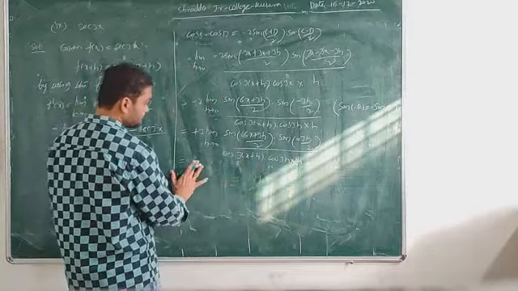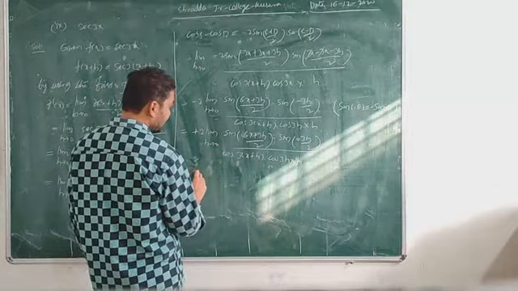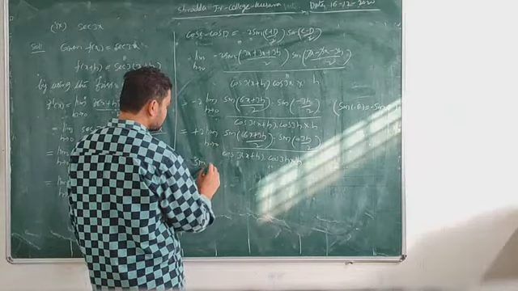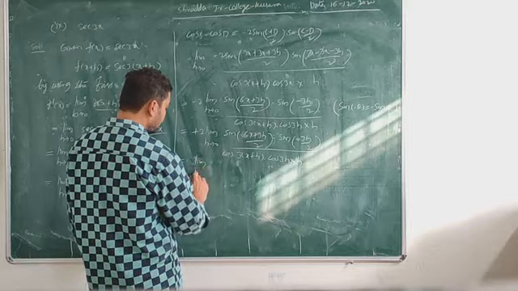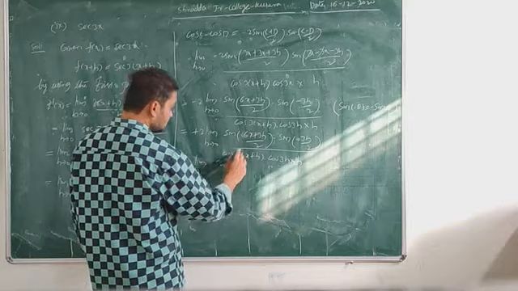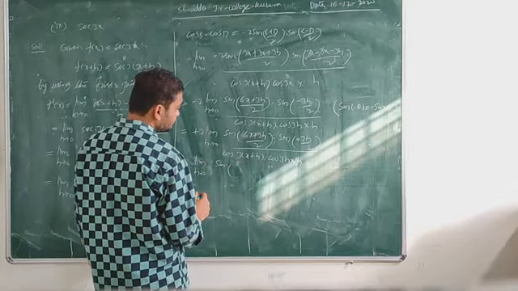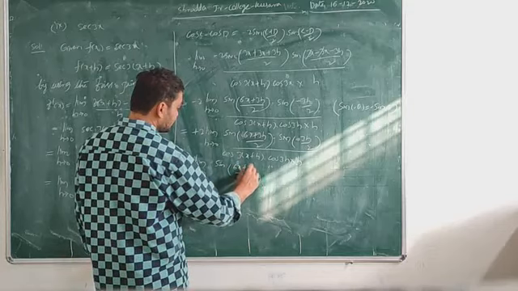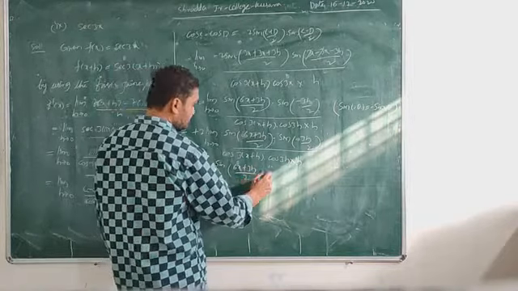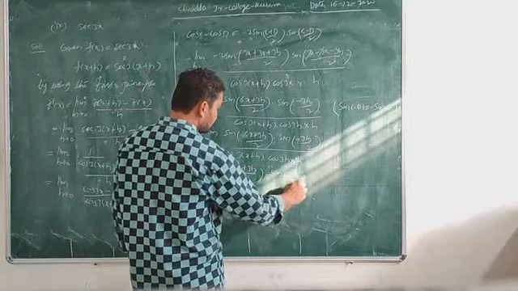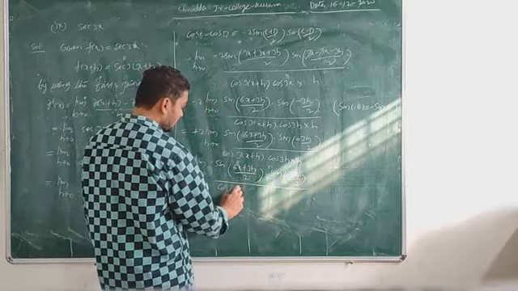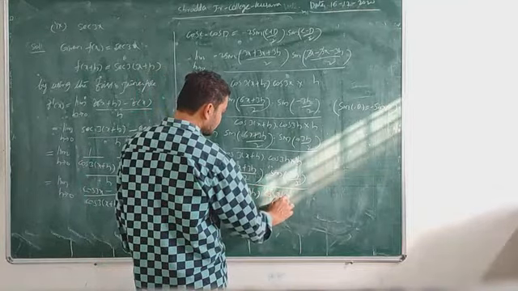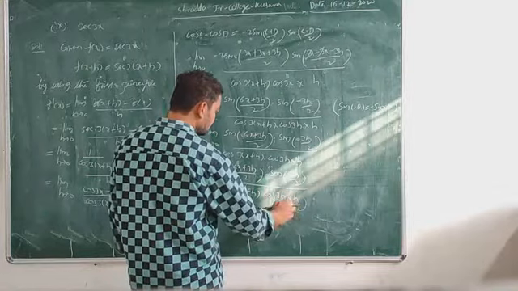Now here, we can write limit h tends to 0 sin of (6x plus 3h) by 2 into sin 3h by 2 by cos of 3 into (x plus h) into cos 3x into h, taking 2 from this side and h by 2.